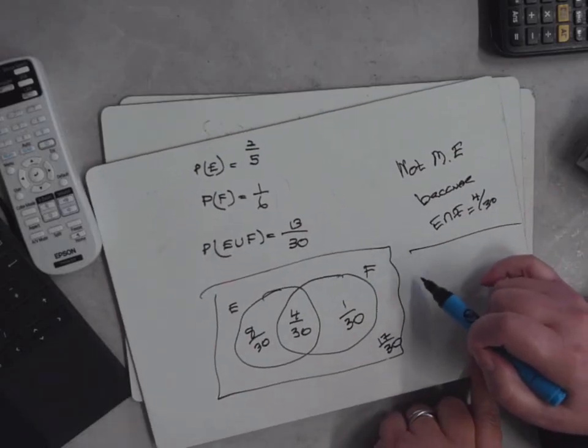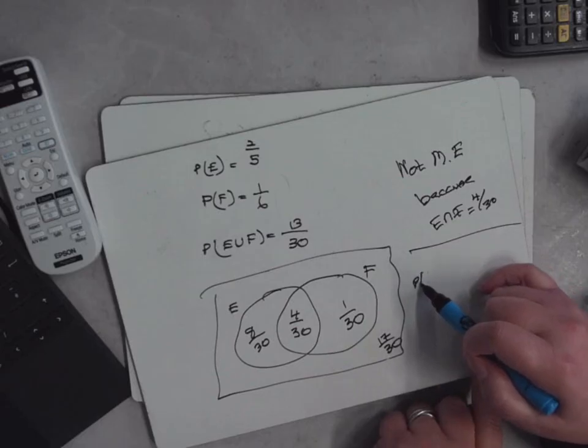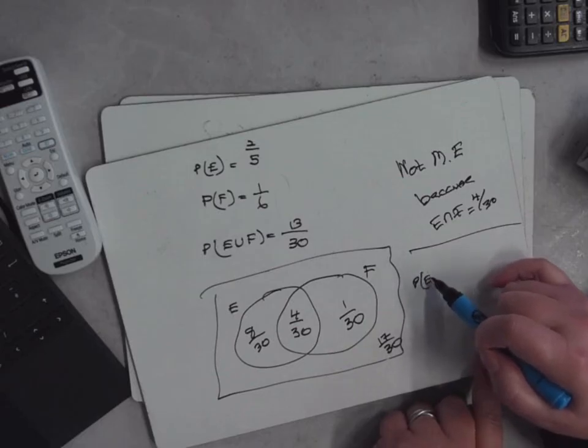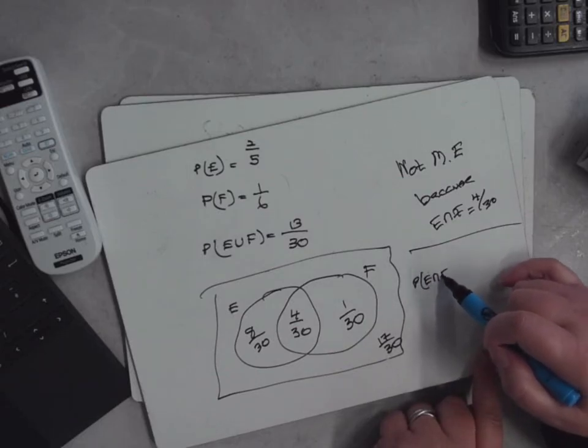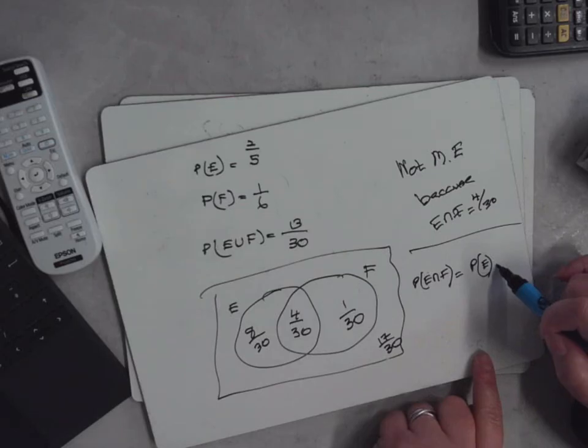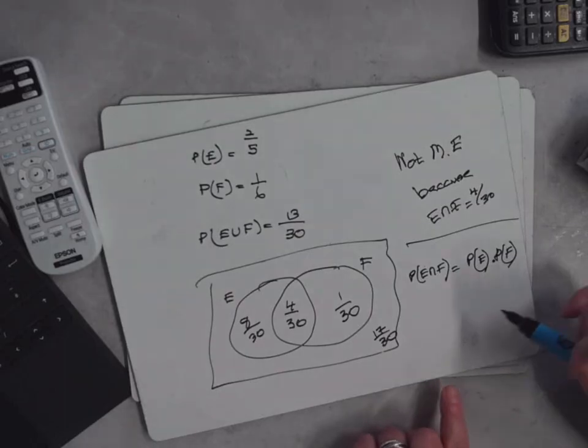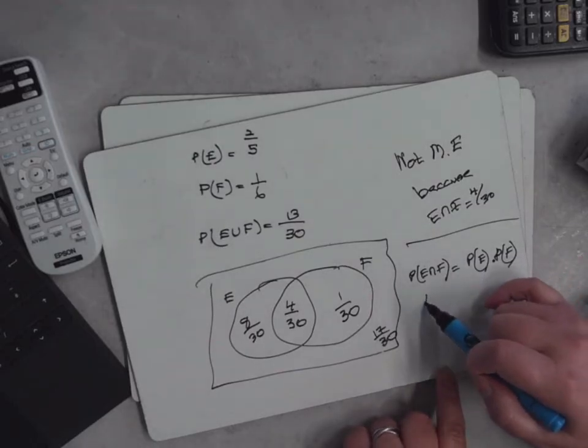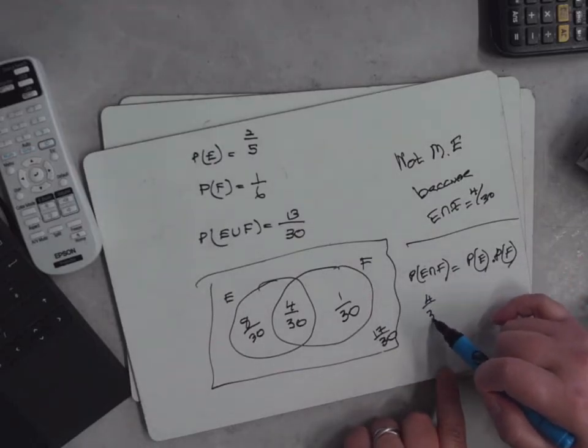Second bit, are they independent? So to check independence, you have to see is the probability of E intersection F equal to the probability of E multiplied by the probability of F. Okay, and as I say, you have to remember that formula. So E intersection F is 4 over 30, right?